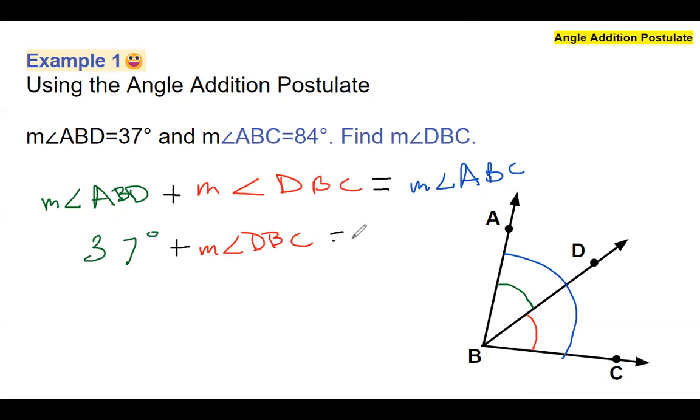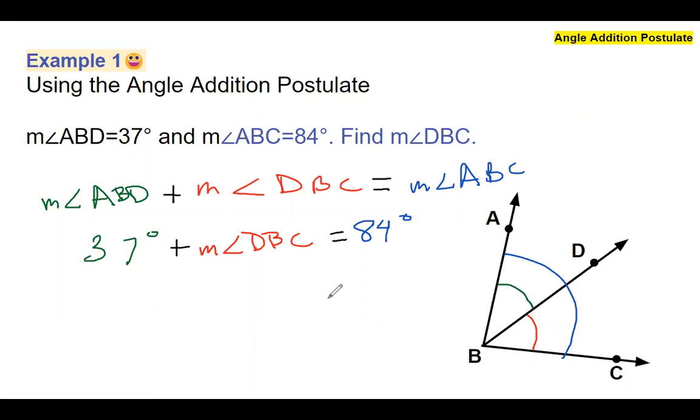And it's equal to, are we given ABC? Yes, let's substitute that value. It is 84 degrees. Okay, perfect. Now, our angle addition postulate says that we have 37 degrees added on to that beautiful measurement of angle DBC, and in total, it gives me a result of 84 degrees.